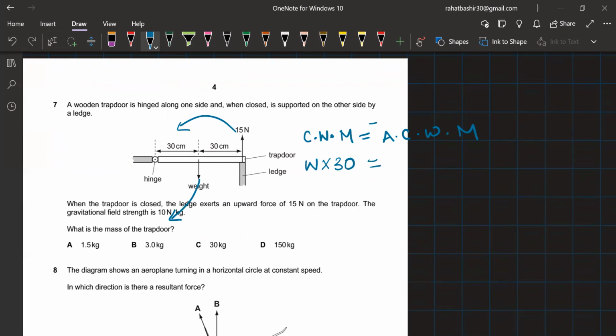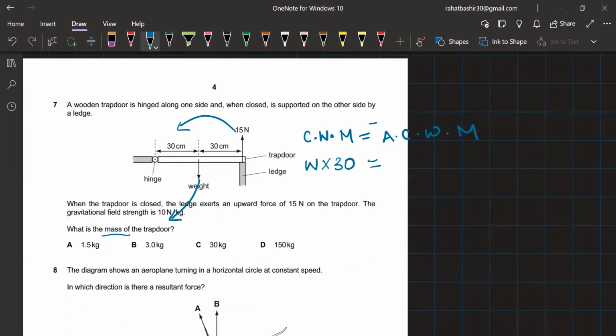Conventionally, the distance should be in meters, but here since both of them are in centimeters and we are supposed to find the mass, it isn't required to change the units, but you can do that too.